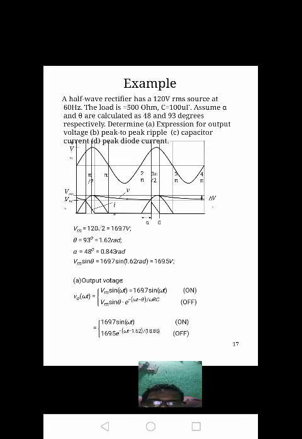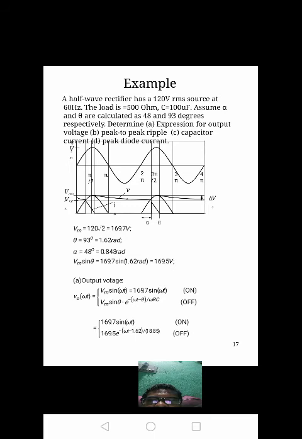First, the determination of the output voltage. V0 of omega t is equal to Vm sin omega t, that is equal to 169.7 sin omega t when the diode is on. When the diode is off, the output voltage is Vm sin theta into e to the power of minus (omega t minus theta) by omega RC.